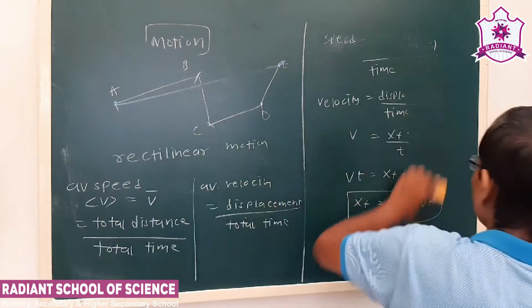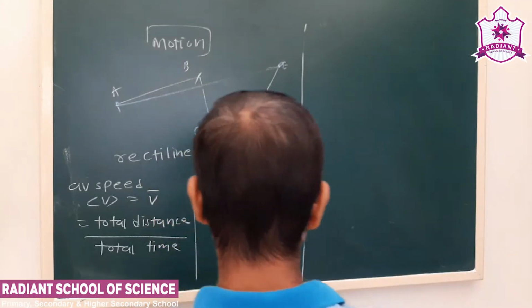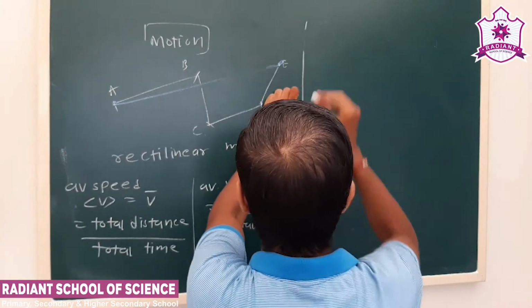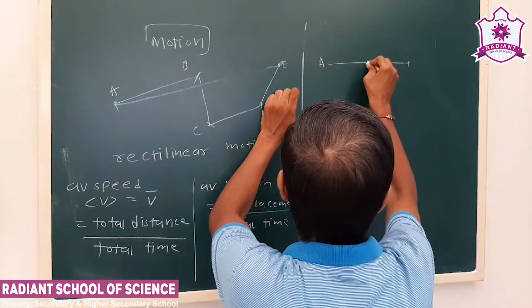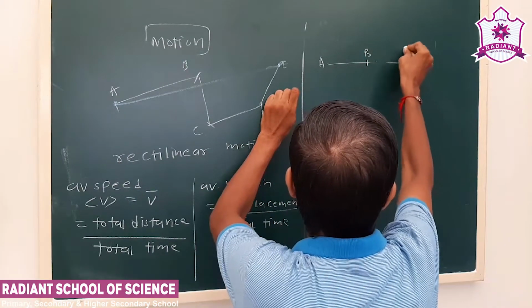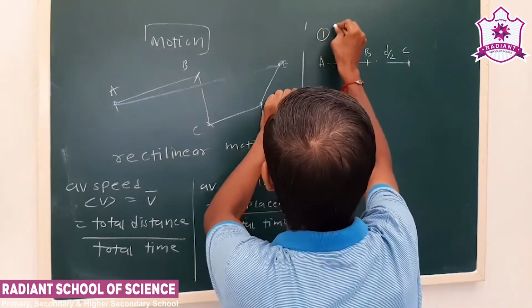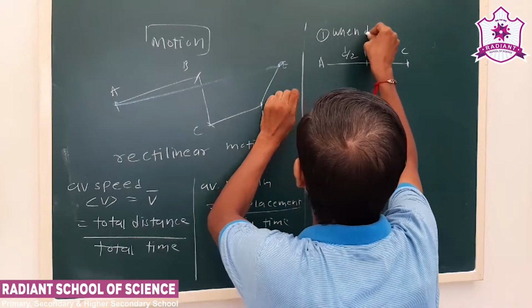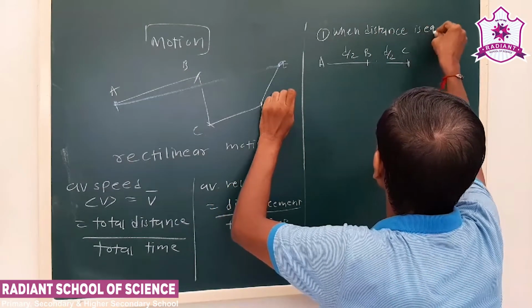Now we discuss some special cases. Suppose we divide motion into two parts when the distance is equal.